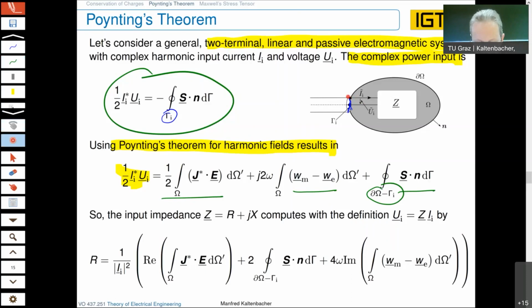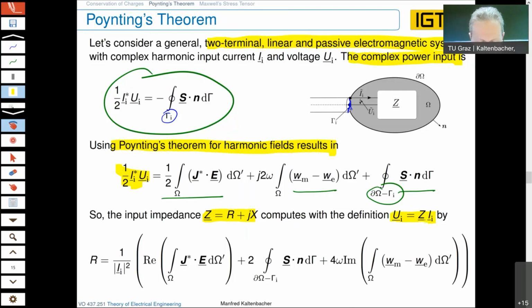What we clearly know then, as you also do in network theory, is that this impedance we can decompose in R plus jX, and in a complex notation the voltage is the impedance multiplied by the current. The underline reminds us that we now write it down in the frequency domain.